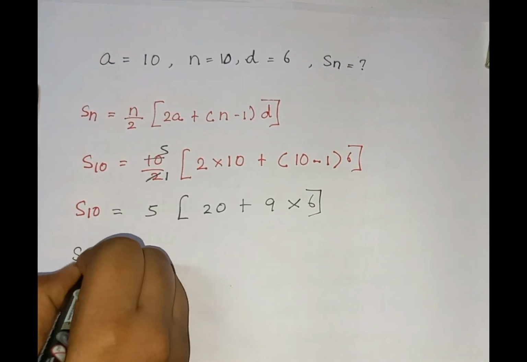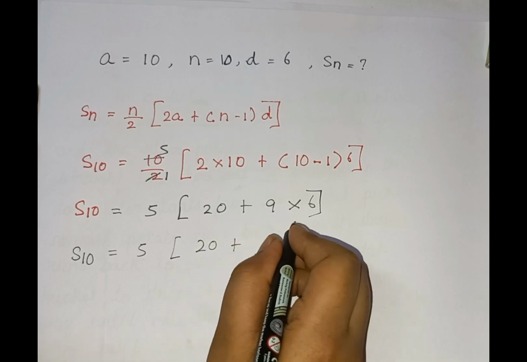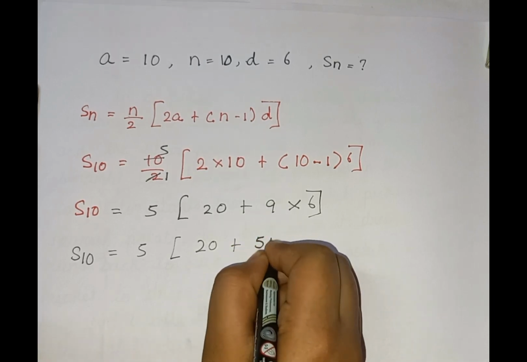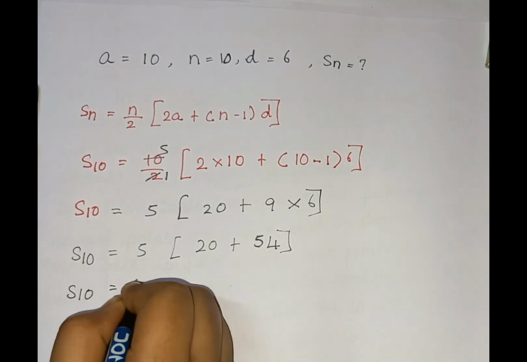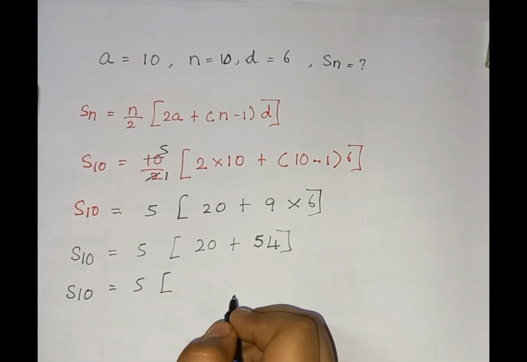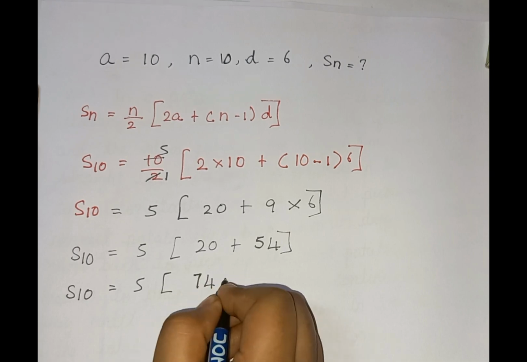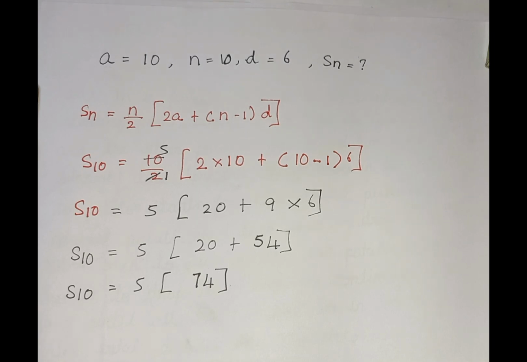So S10 is equal to 5 into 20 plus 9 sixes are 54, right? Yes, 54. So 20 plus 54 is 74.